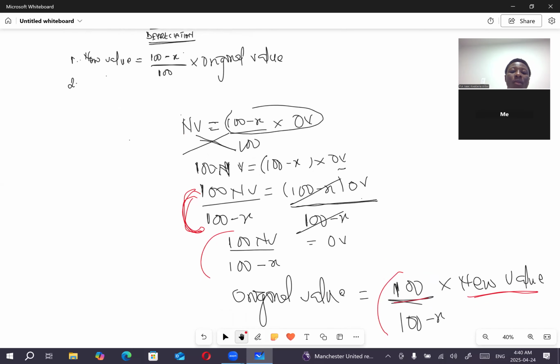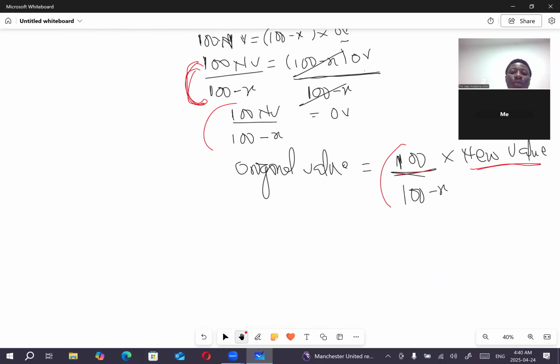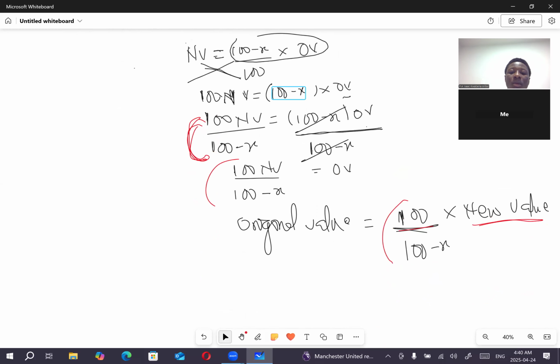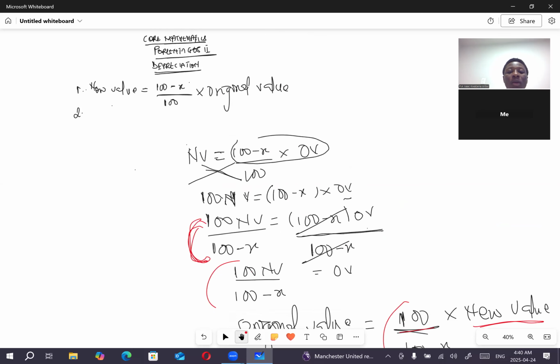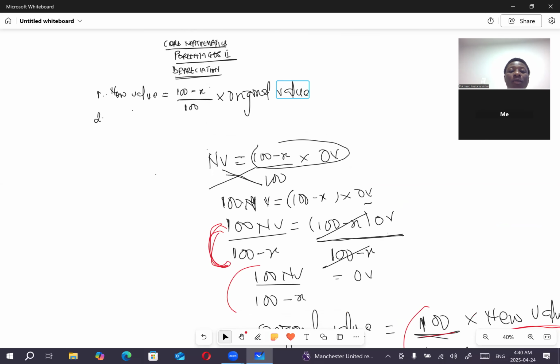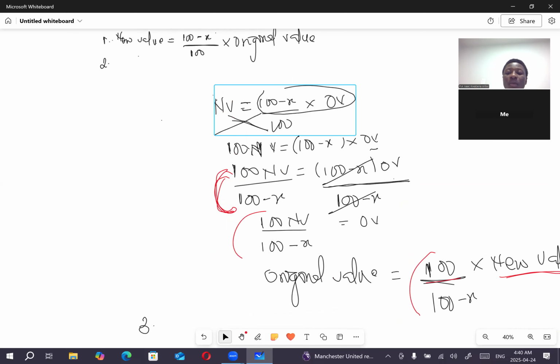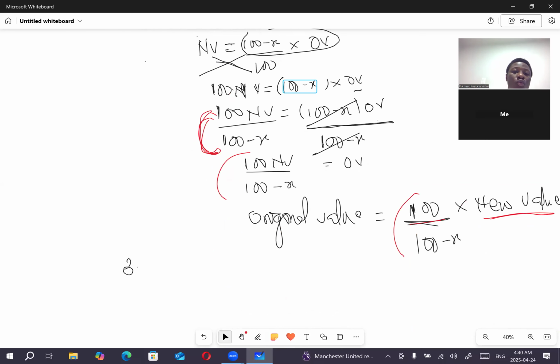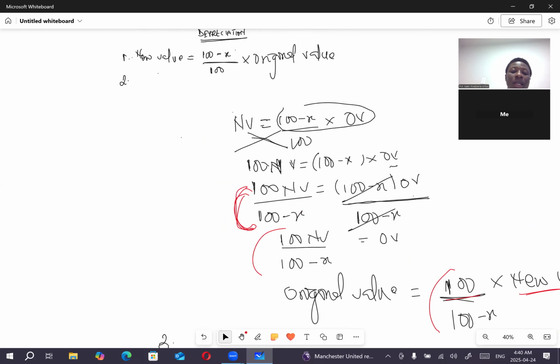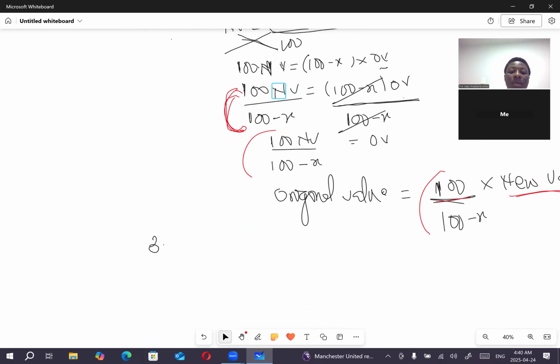So I've proved Formula 2 to you. Now let's look at Formula 3, which talks about depreciation rates, the X. It was gotten from Formula 1, and from Formula 1 we had Formula 2. So you can use Formula 1 or Formula 2, any of them, to make X the subject. You will get the same result.